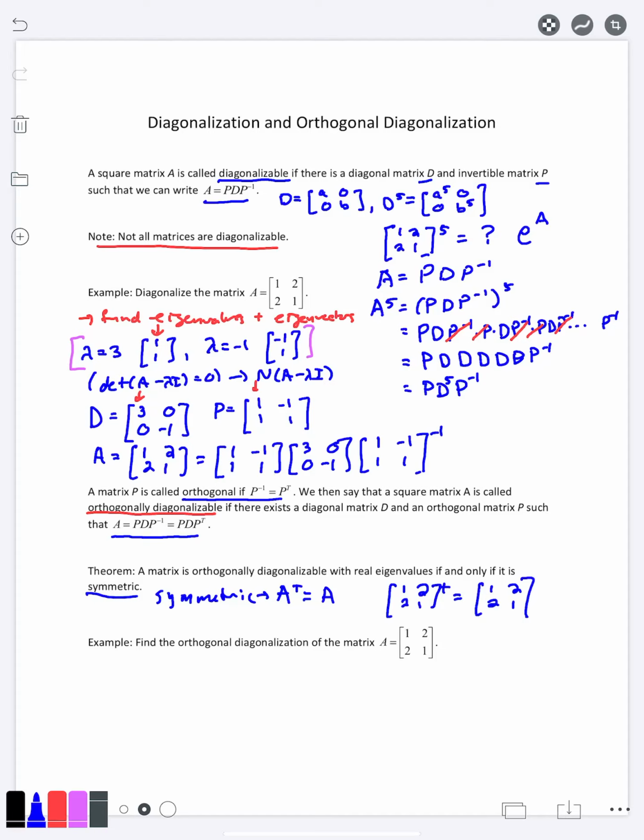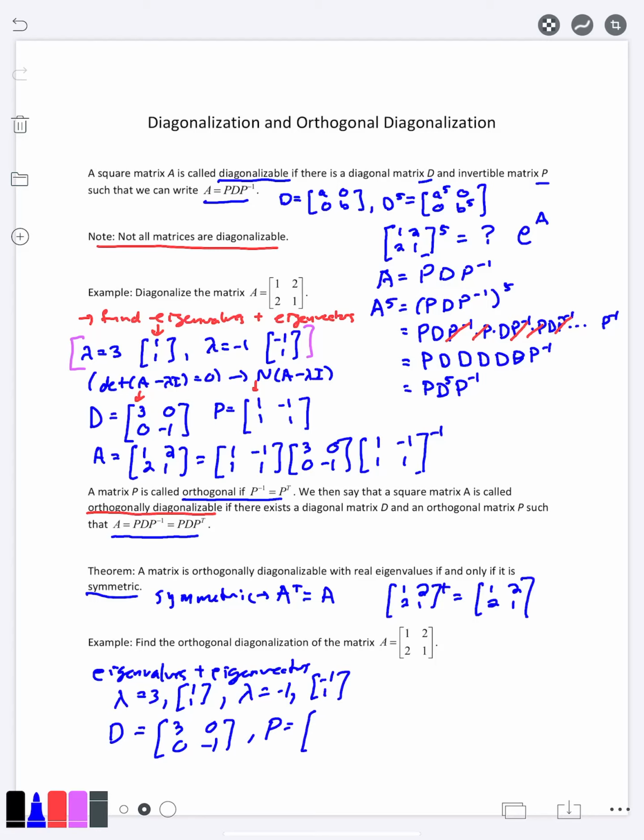Okay? Now, how do we actually find the diagonalization that's orthogonal for this? Well, it turns out that you just modify one small thing. So we already have our eigenvalues and eigenvectors. They were lambda is 3 with eigenvector 1, 1, and lambda is -1 with eigenvector -1, 1. And we're going to create our D matrix the same way, 3, 0, 0, -1.